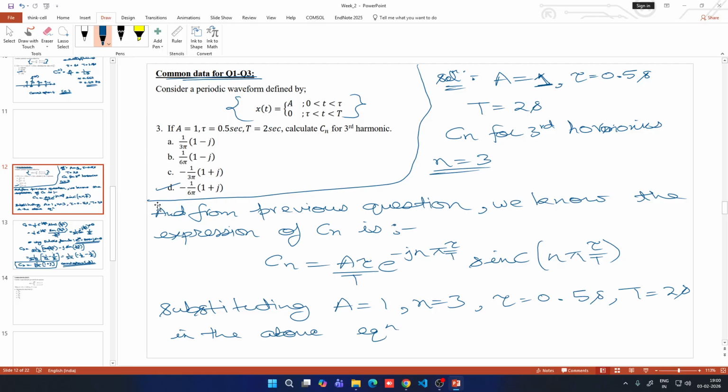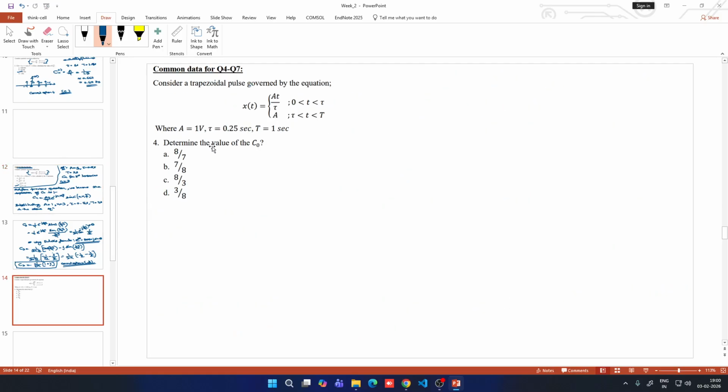Okay, so if this is clear, we will move on to question number 4. In questions 4, 5, 6 and 7, these 4 problems use a common signal x of t.